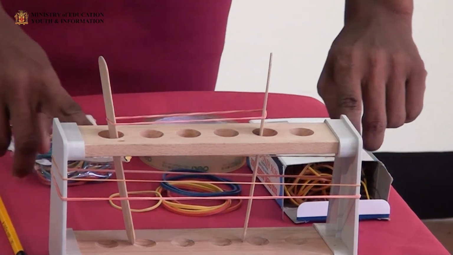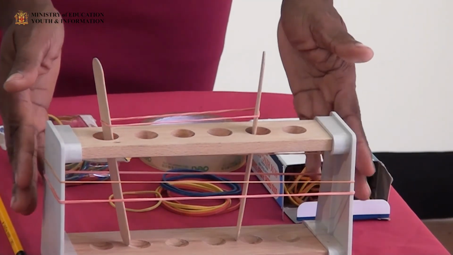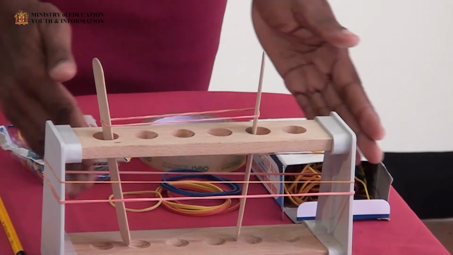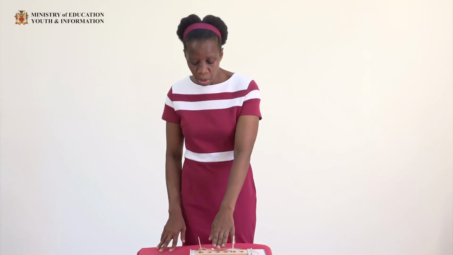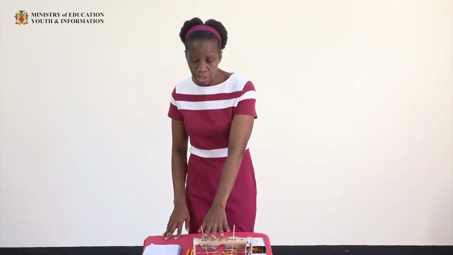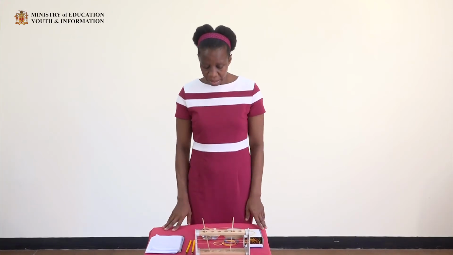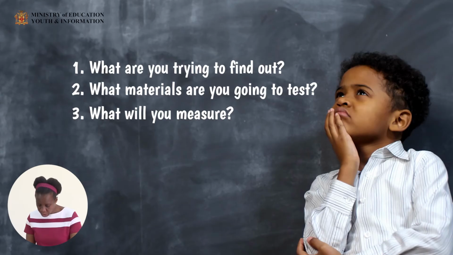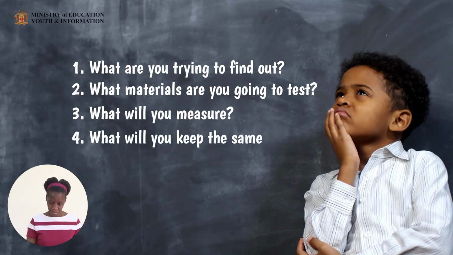If I use this length, I would have to measure that length. And I would have to try to keep, in this example, the same length, but change the thickness. So we're measuring either the length that we stretch our elastic bands or the thickness of our elastic bands.